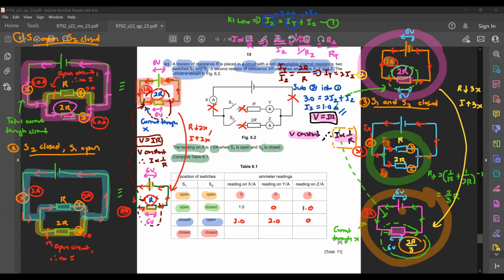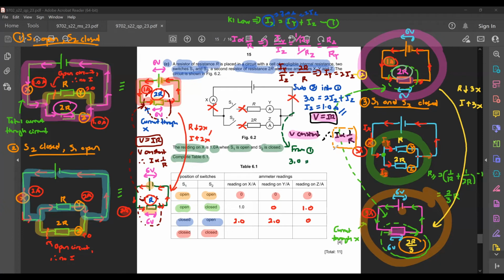And then if you wanted to find out what IY is, it is very straightforward now. What you just need to do is to say something like this. Let me find a different color to use. Your working will be continued over here. From equation number 1, your IX was 3.0.